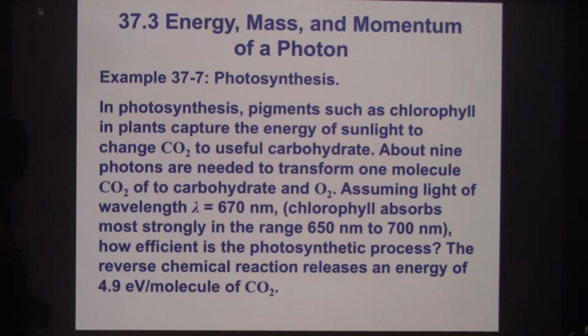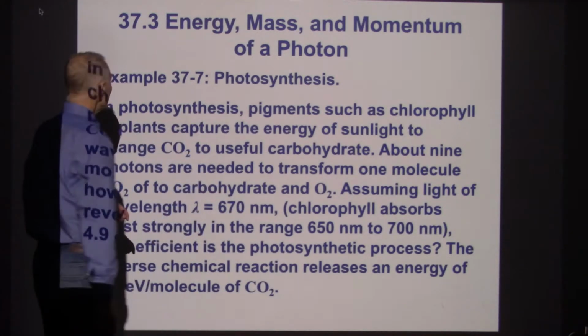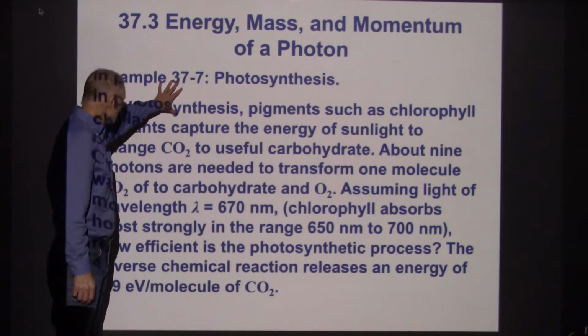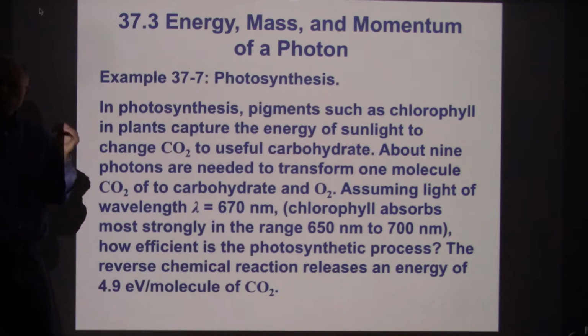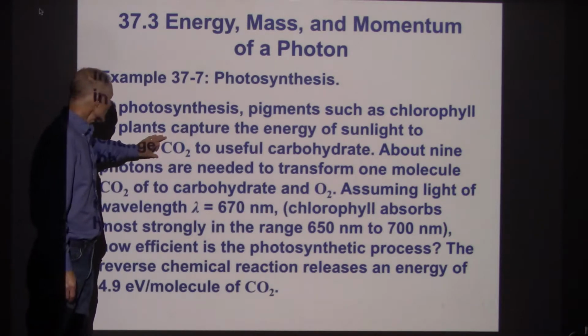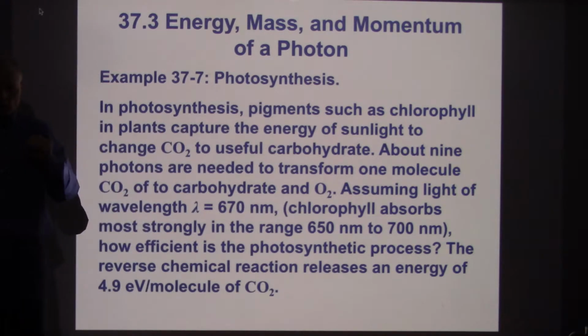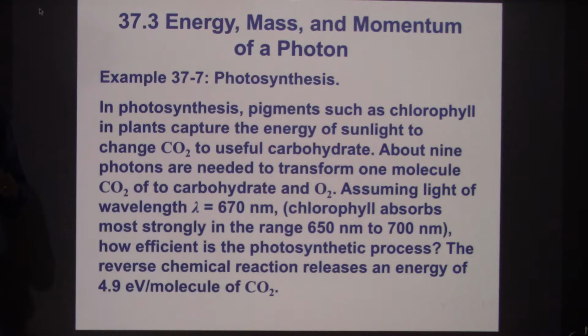What about photosynthesis? Now again, there's a lot of reading here, but it says plants basically are absorbing photons of a certain energy, and they're using those photons to build chemical bonds. They're taking in carbon dioxide, they're using the energy from those photons to take apart the carbon dioxide and reconfigure it into different compounds.